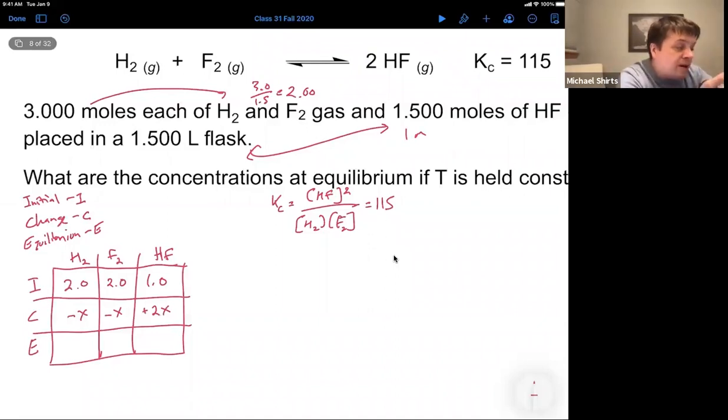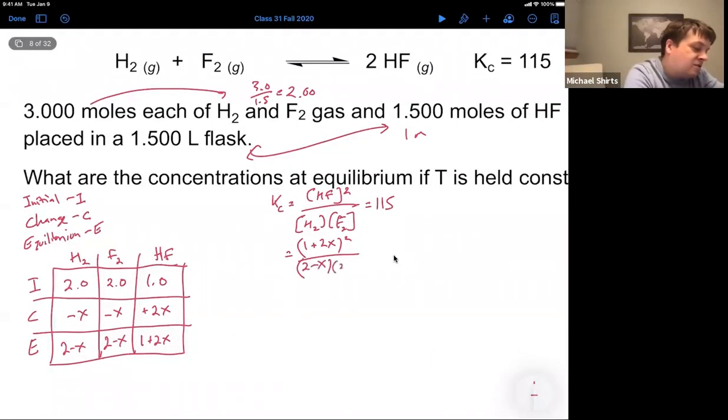At equilibrium, we have the initial plus the change: 2 minus x, 2 minus x, and 1 plus 2x. Now we can fill this in: 1 plus 2x squared divided by 2 minus x times 2 minus x, and that is equal to 115.